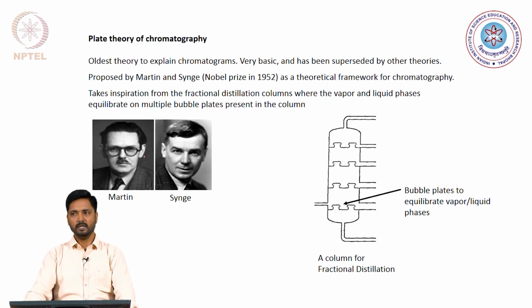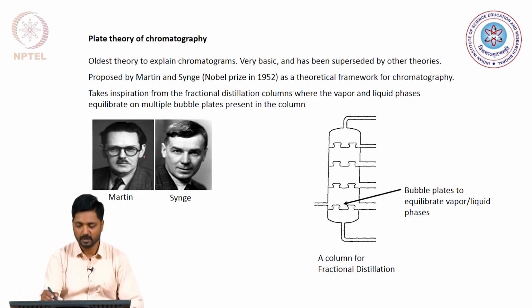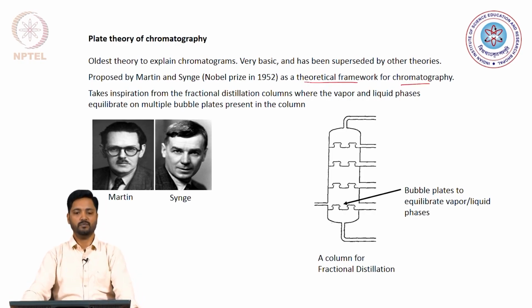This theory was proposed by two scientists named Martin and Synge, who were awarded the Nobel Prize in 1952 for their work on chromatography, and they tried to develop a theoretical framework for explaining how chromatography works.